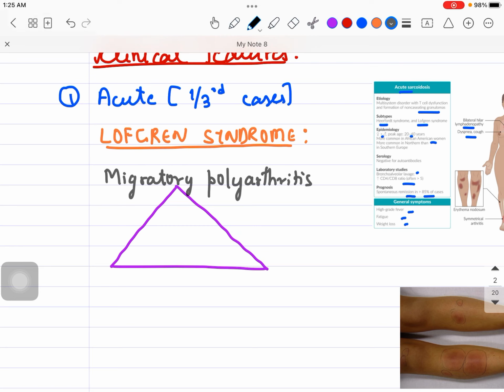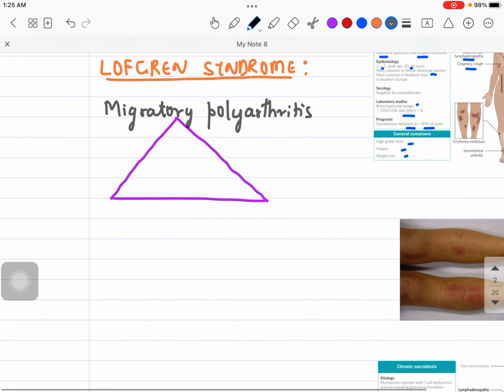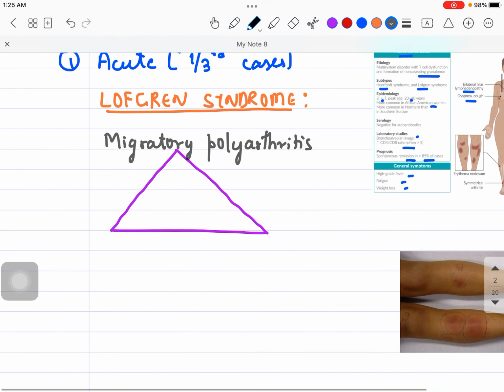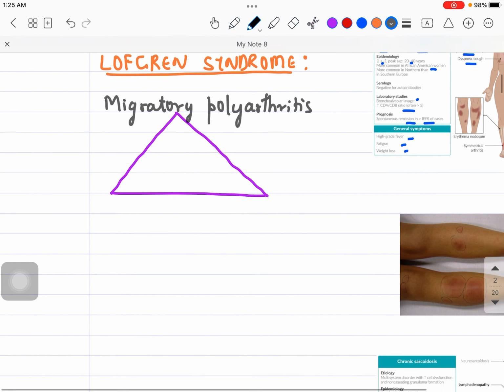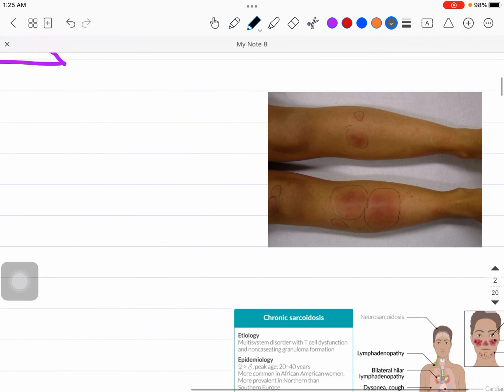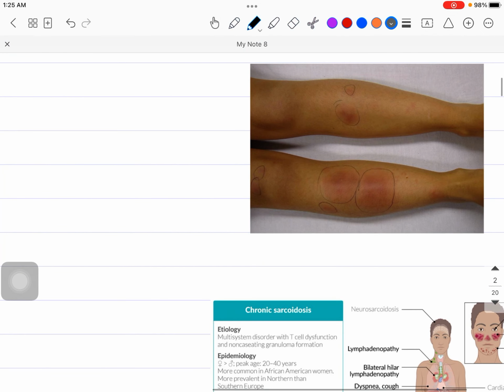Okay, skin involvement. In the skin it can cause erythema nodosum. I will show you the lesions also, how it looks. So if the granuloma is depositing in the joint, it can cause migratory polyarthritis. This is the picture of erythema nodosum. You can see the lesions over here, right?